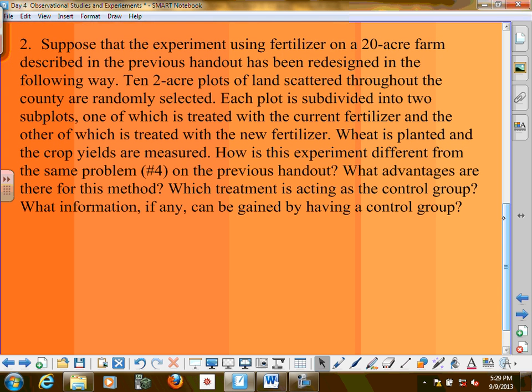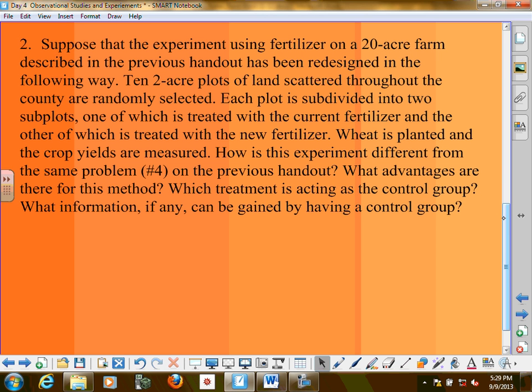All right. Now this example here references number 4 from our notes that we did yesterday about acres of land. I'm going to read that to you real quickly. That problem that we did, we kept skipping it. We just never really got to that.